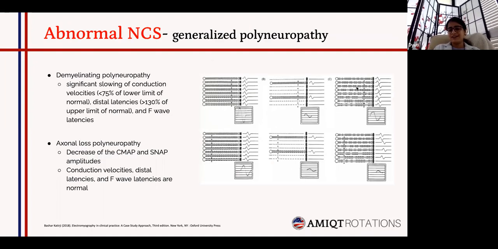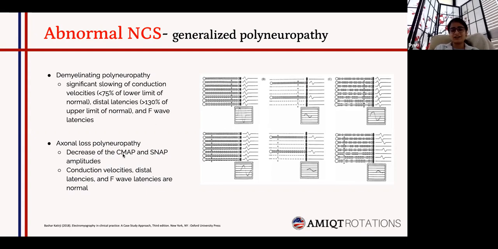So for example, in a generalized demyelinating polyneuropathy, we would of course expect significant slowing of the conduction velocity and prolongation of the distal latencies. But if we stimulate the nerve proximally, we will also get a decreased amplitude because of this temporal dispersion and phase cancellation.